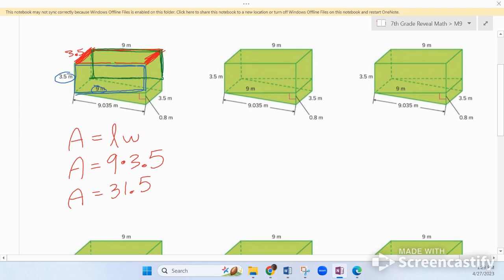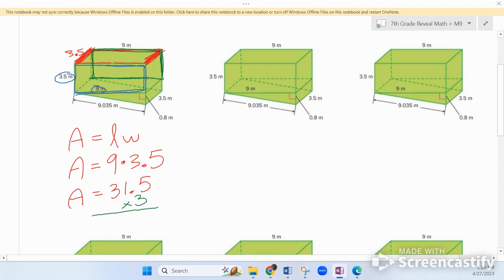All right, show me on your fingers how many rectangles total are there with that exact area? 3. Yes, 3. So what can we do to this area? Multiply by 3. So we're going to multiply this by 3 because there are 3 exact replicas of that.